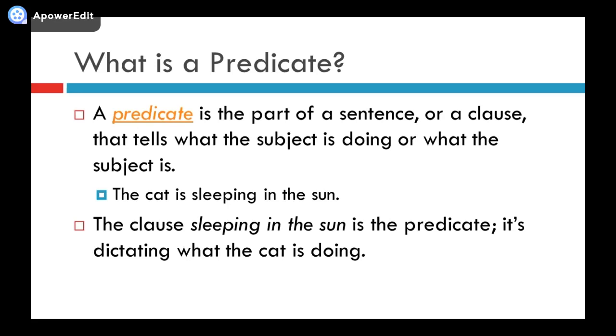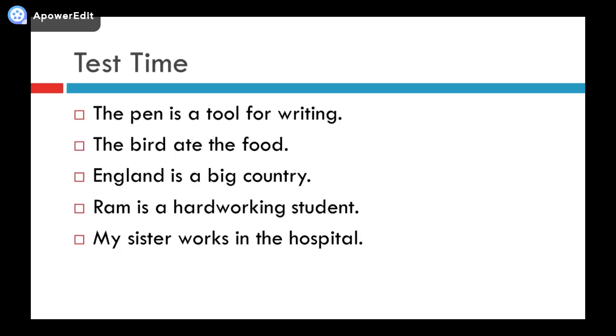Okay, it is telling you what the subject is doing or where the subject is or anything related to the subject. Now, the previous example, the cat is sleeping in the sun. The sleeping in the sun becomes your predicate because the cat is your subject. Sleeping in the sun is telling us what the cat is doing. Therefore, sleeping in the sun becomes your predicate. Okay. I hope you have understood this.